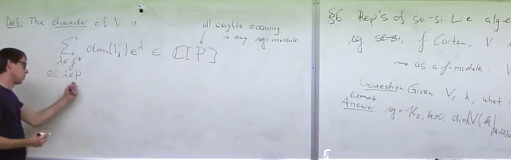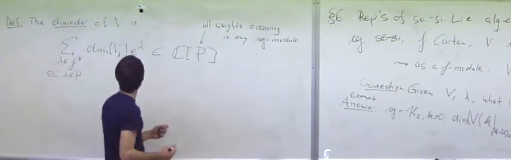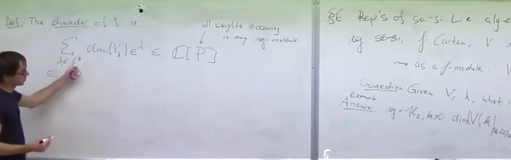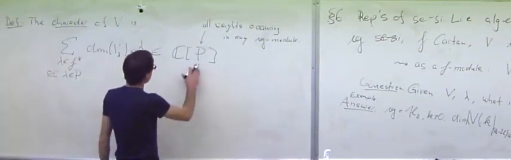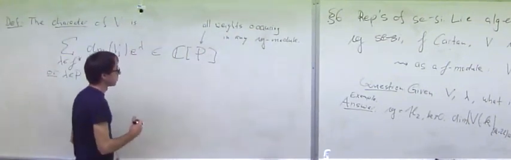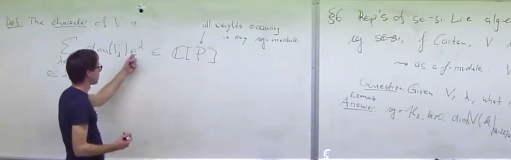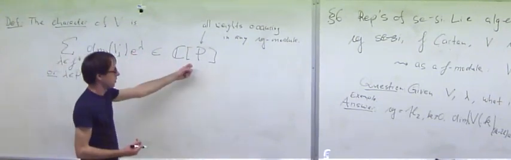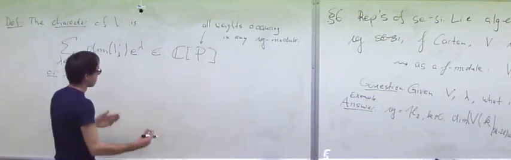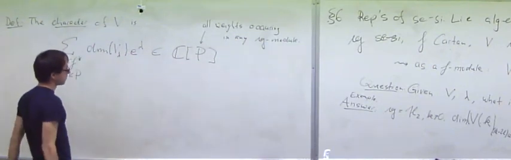So this is a lattice in this vector space H star. And so this is the algebra of formal linear combinations of elements of the form e to the lambda, where lambda is an element of P, with a naturally defined product.